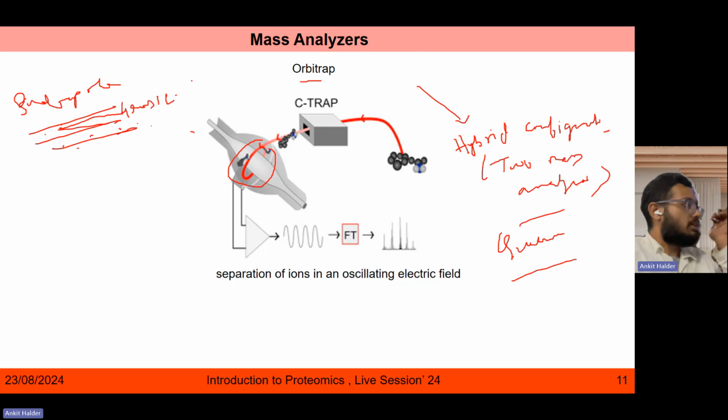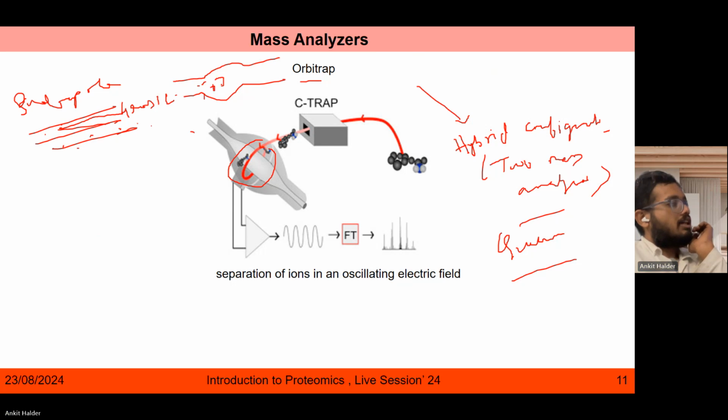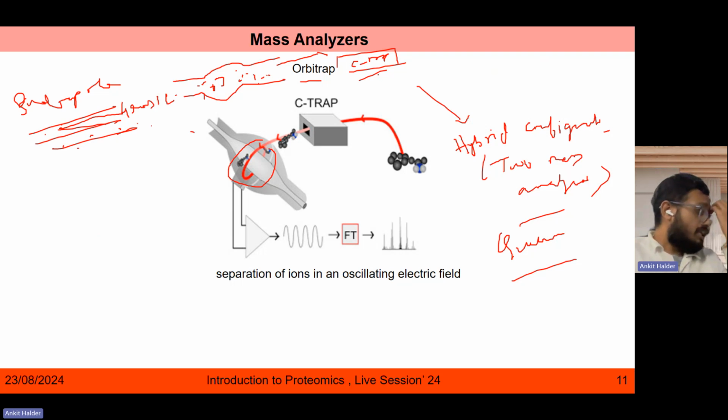Now if it is coupled with an orbitrap, the ions will again be separated in an oscillating electric field and will reach the C-trap. The C-trap stores the ions for a short period of time, and then allows them to go to the detector for detection.